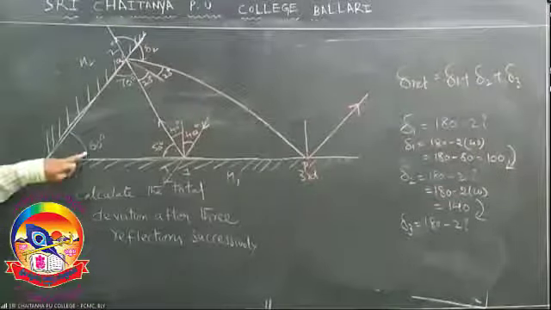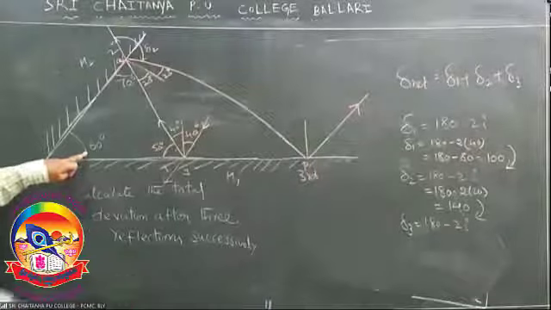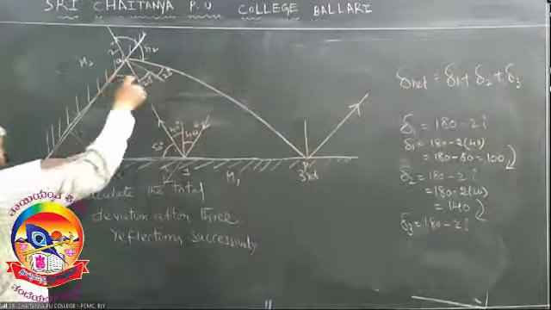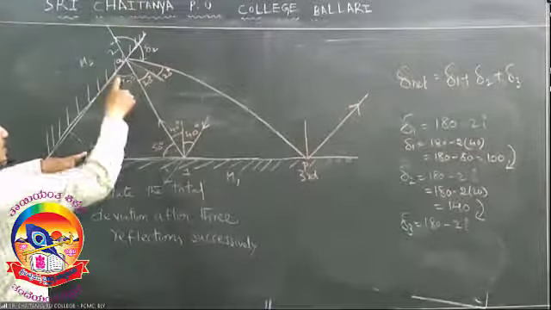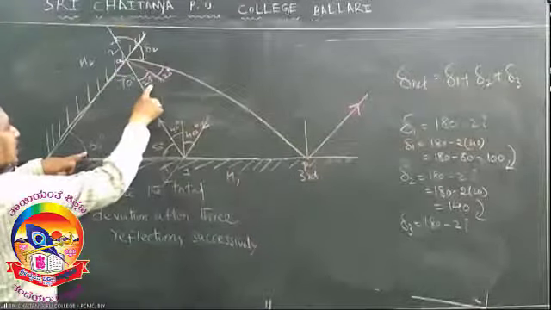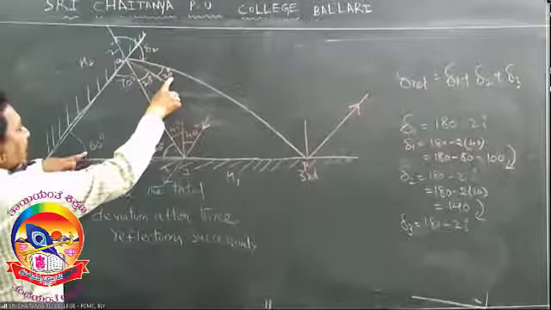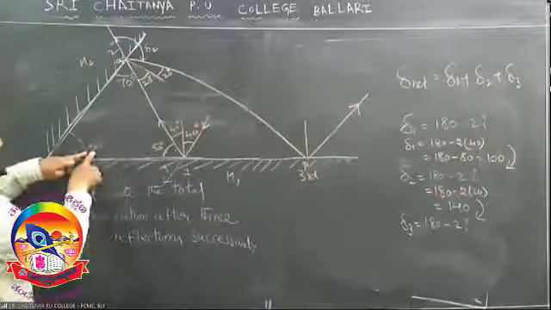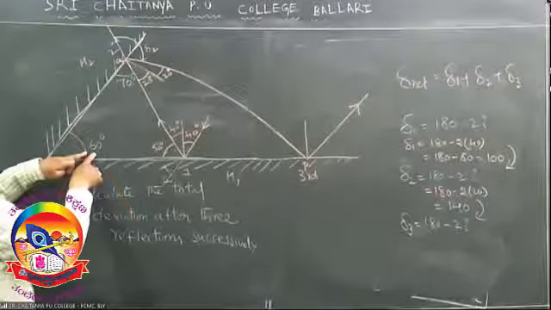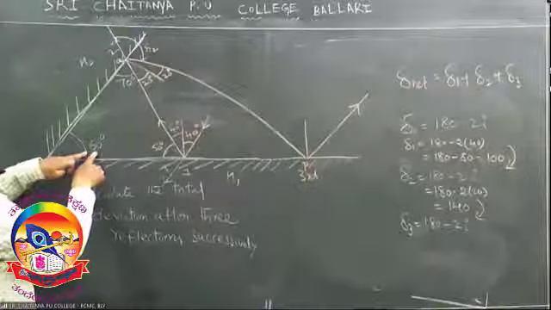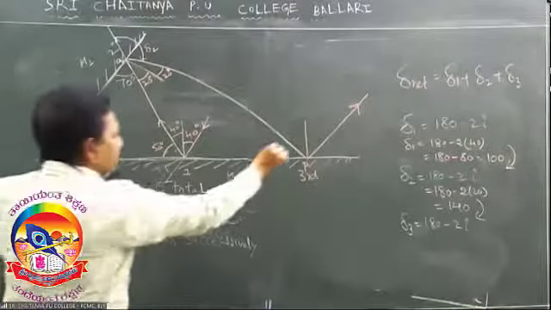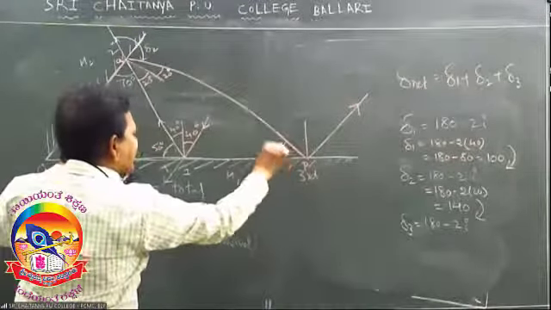Here it is 60. The total of the other angles: 70 plus 20, 90; 90 plus 20, 110. 110 plus 60 is 170. Then automatically this angle is 10.